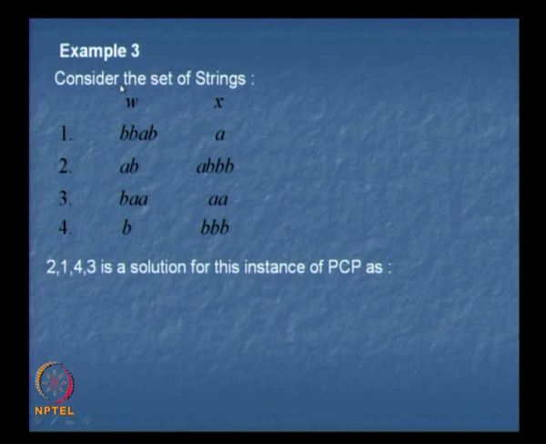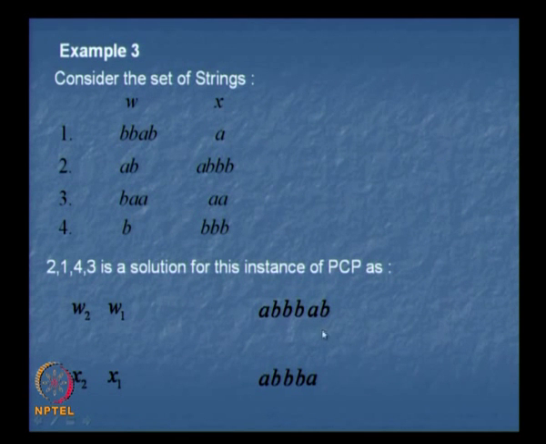Consider the following sets of strings. You have 4 strings and you have 4 strings in the X set. Now, does this instance of PCP have a solution? We find that 2 1 4 3 is a solution for this instance of PCP. As you see, starting with W2 and X2, you have this string, then proceeding with W1 and X1, you get this.